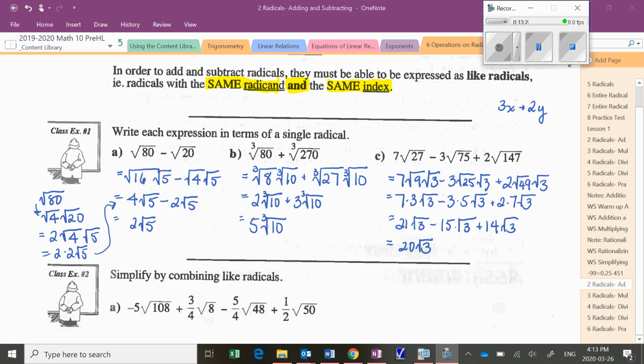So there will probably be a time when you can skip some steps, but a common mistake people make is thinking lots of steps in their head, and I've seen 63 root 3 instead of 7 root 9, or 7 times 3, so just be careful with that. You're never going to lose marks for showing extra steps, especially if that can save you from making some errors.